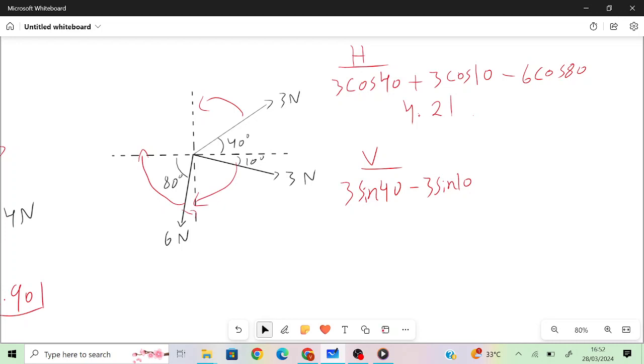So minus 3 sin 10, another minus of 6 sin 80. So 3 sin 40 minus 3 sin 10 minus 6 sin 80. All of that gives me minus 4.50. And obviously you can get rid of the minus, but the minus does show us that it's going downwards.